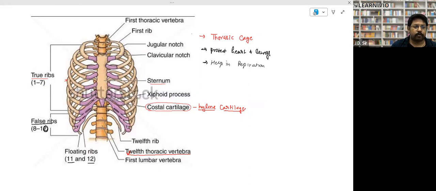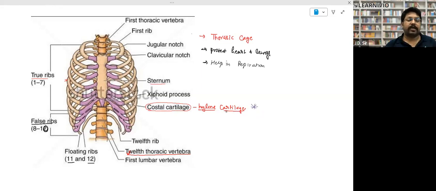These ribs come from outside and they remain connected with what? They remain connected with this dagger-like sternum, right? But these bones do not directly fuse into the sternum. They remain connected with the help of a cartilage, and the name of that cartilage is costal cartilage. Costal cartilage is a type of hyaline cartilage. That is a question.